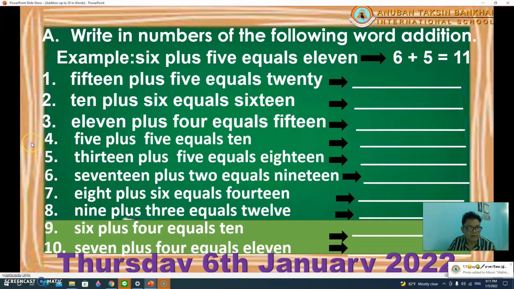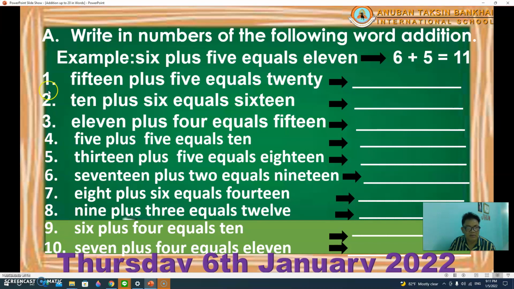We're going to answer your worksheet properly. Take out your notebook and copy this. You're going to number your paper from 1 to 10.